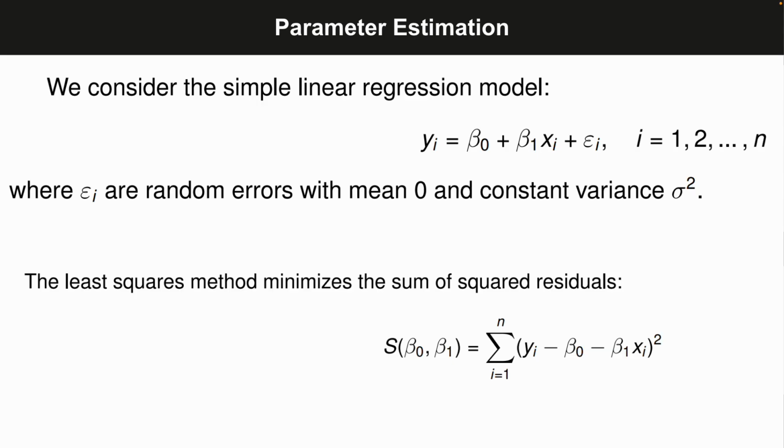What is so ordinary about this? Why is it called OLS? This is least squares, but in this setting it's also called ordinary least squares. What is ordinary about it?